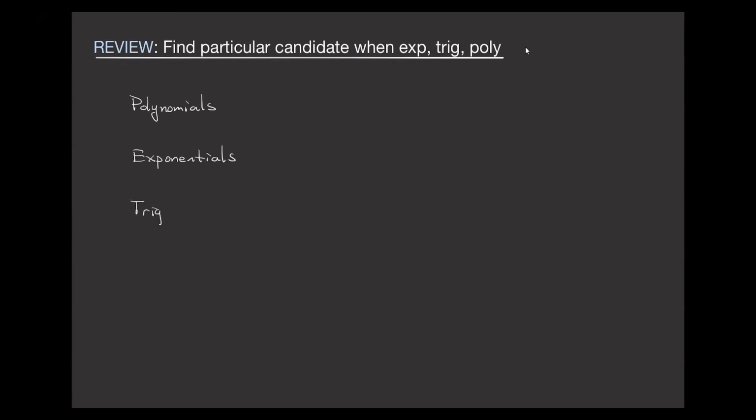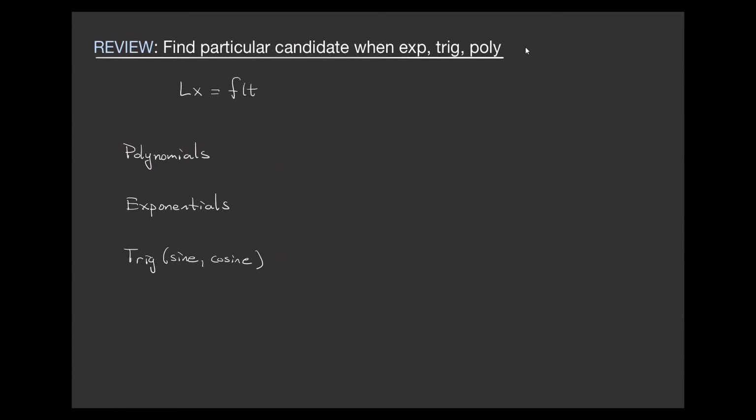And when I say trig functions, I really mean sine and cosine. So we would look at some differential equation, linear constant coefficient. It would be non-homogeneous. And then when we look at this f of t, we would have one of these three cases: a polynomial, an exponential, or a sine cosine.